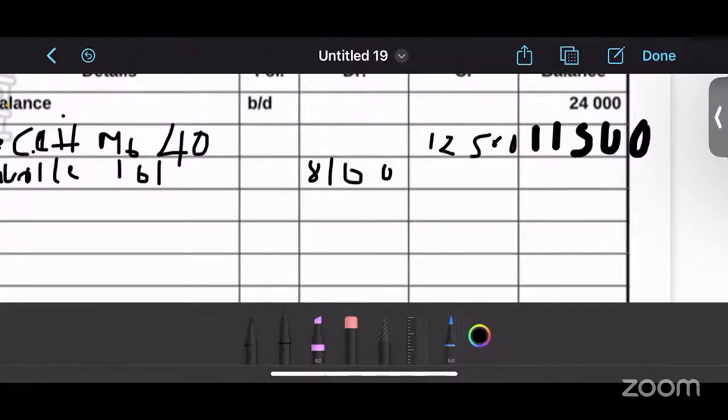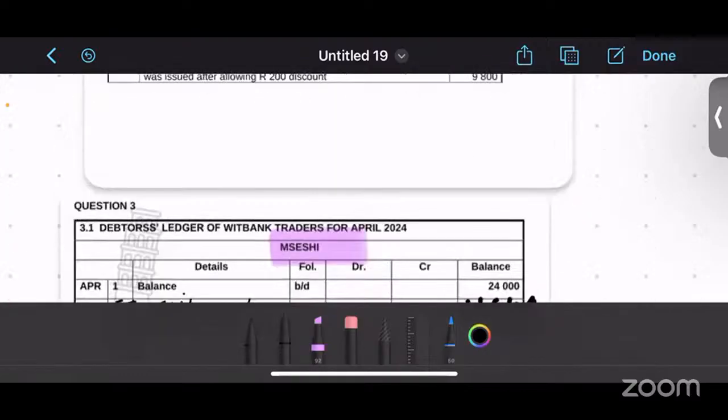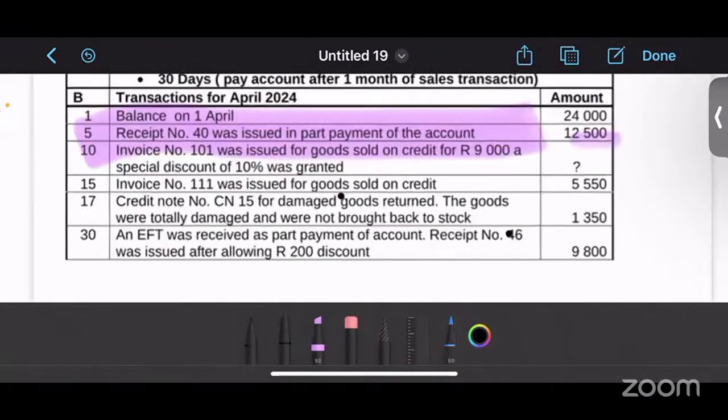How much are we going to have? 19,600. 19,600. Perfect. We are done with the 10th.